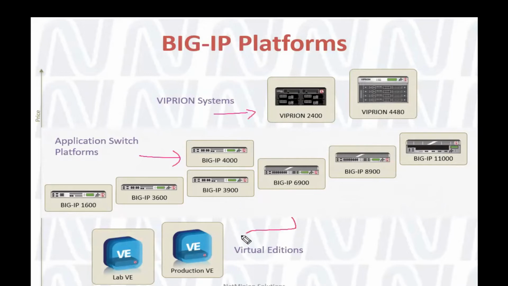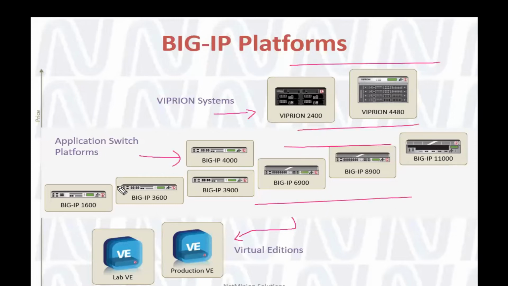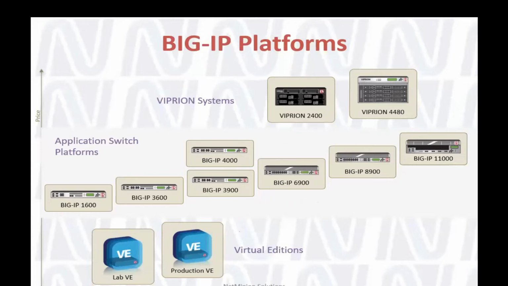Mainly, people use the virtual one if it is a small network or not very huge traffic. If there is a special requirement where you need a physical appliance only, then you can choose as per your performance and the different data sheets available. You probably need to look into the data sheet.